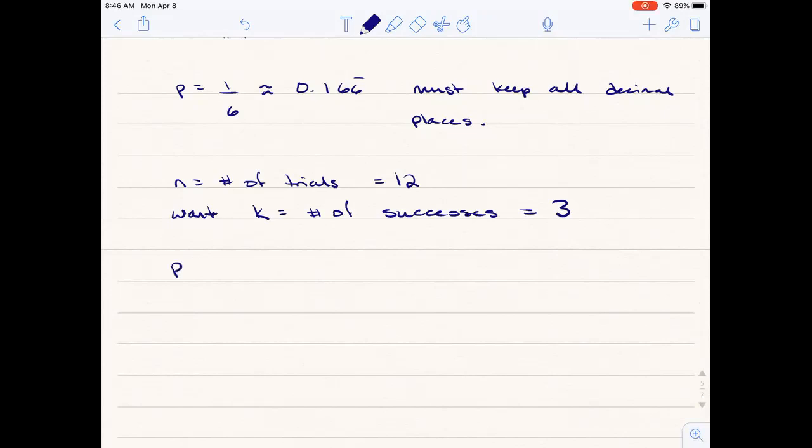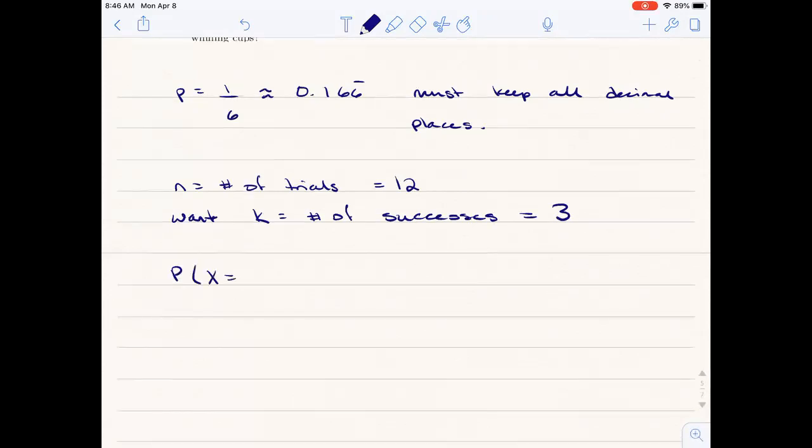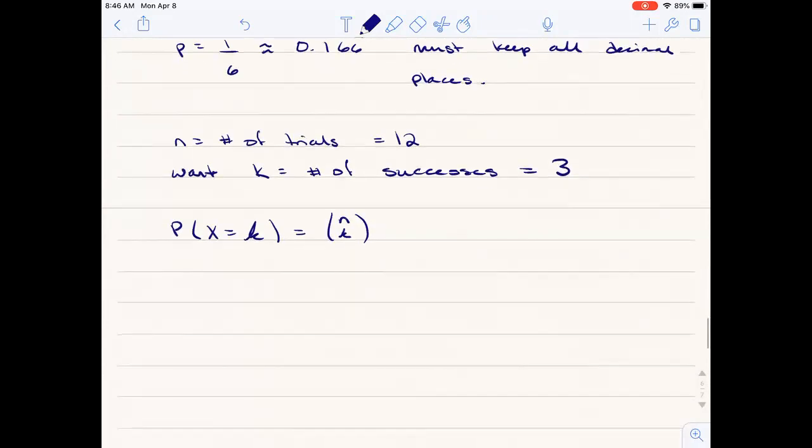The binomial distribution says that the probability that X equals k is n choose k times the probability of a success to the power of k, the number of successes, times 1 minus p, which is the probability of a failure, to the power of n minus k, which is the number of failures.